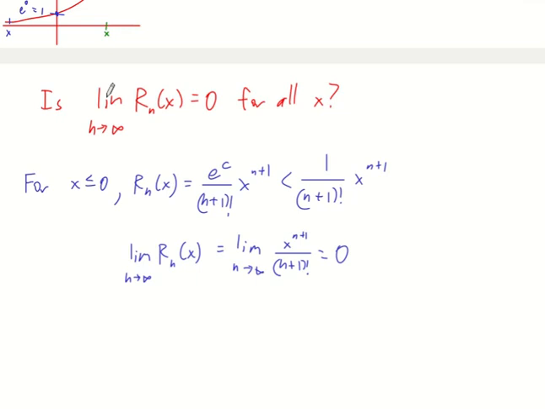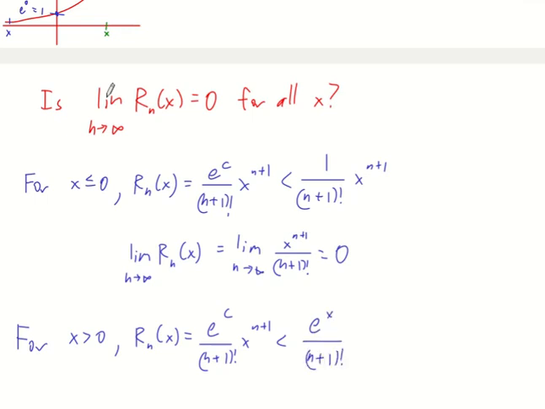Or I guess more by the squeeze theorem is probably what's going on here, more than comparison. But so that limit's equal to 0. So for when x is less than 0, we see that it converges. And then for when x is greater than 0, we have sort of the same idea here, except now this is going to be bounded by e to the x over n plus 1 factorial times x to the n plus 1.